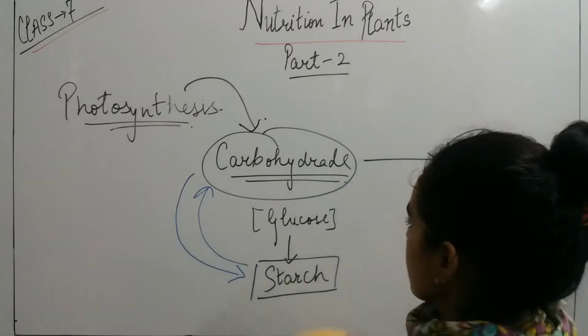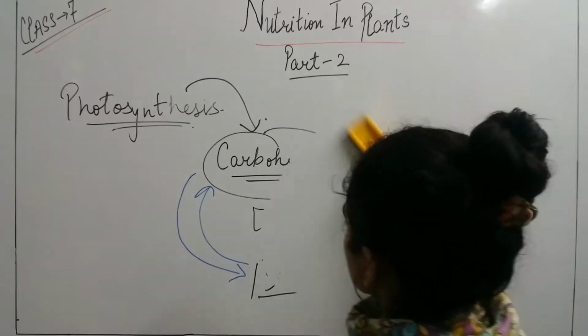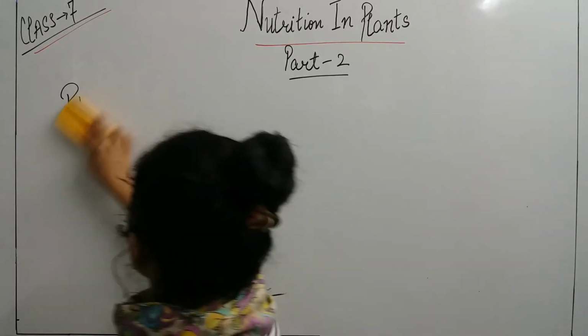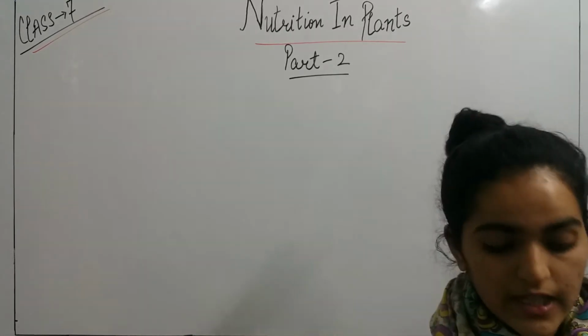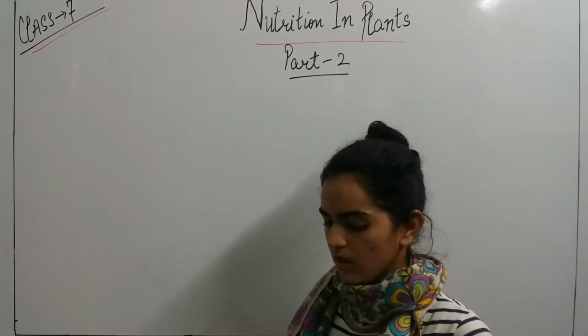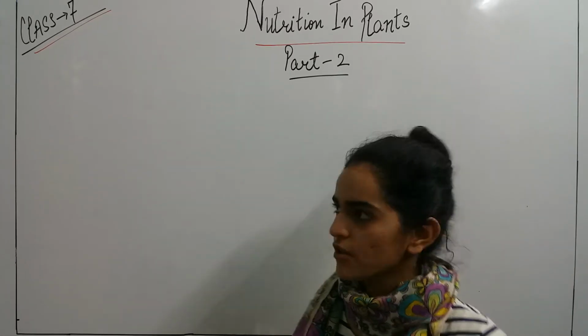Now, next point of photosynthesis: it occurs in green plants. So is it so that it only occurs in green plants? No, it's not true.